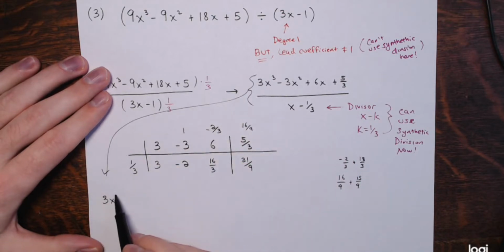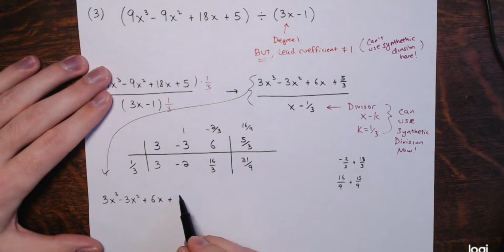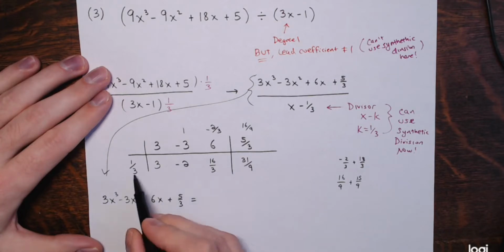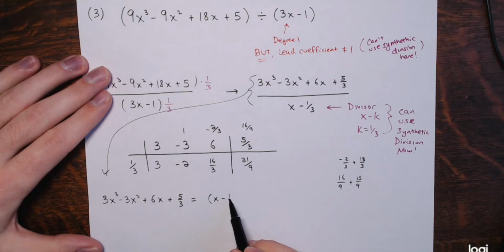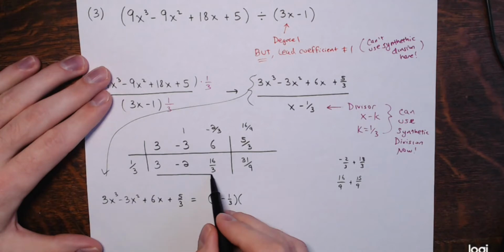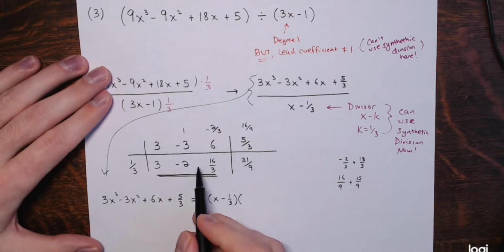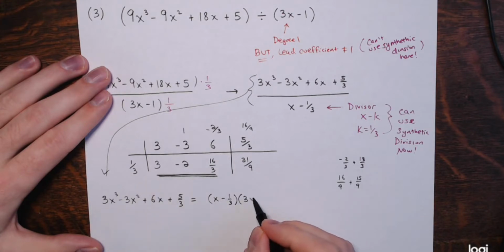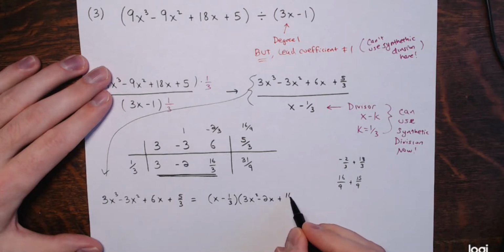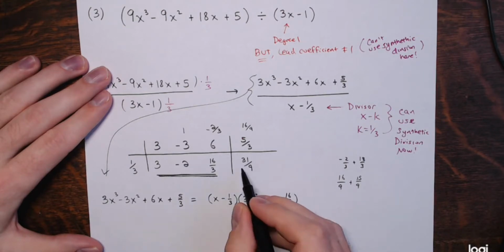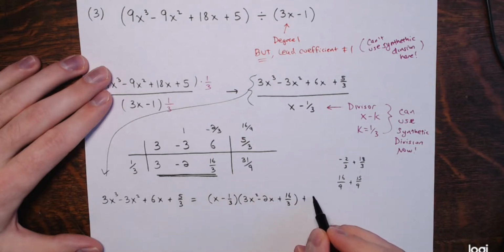3x cubed minus 3x squared plus 6x plus 5/3 should be equal to x minus 1/3 times, and then these numbers in between the bars give me the coefficients of the quotient, which would be, degree 0, 1, 2, 3x squared minus 2x plus 16/3, and then plus the remainder, plus 31/9.